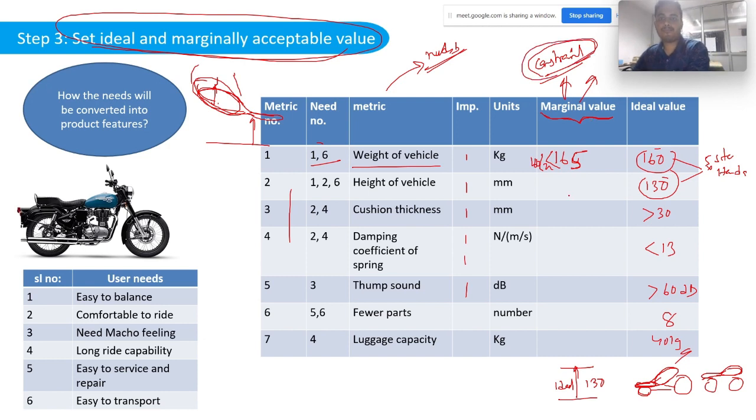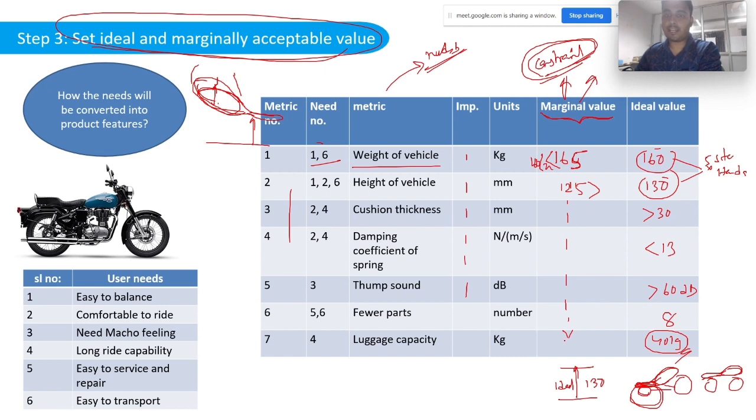Okay, so this is how it works with luggage capacity of 40 kg. However, since your seat height is now less, you cannot keep more luggage. So that means your 130, you will consider 125. Greater than 125 will be considered.